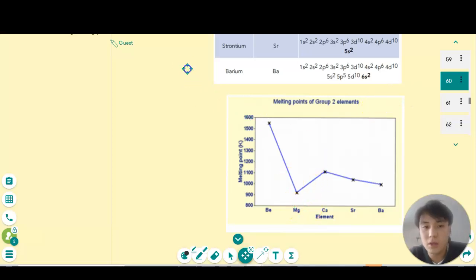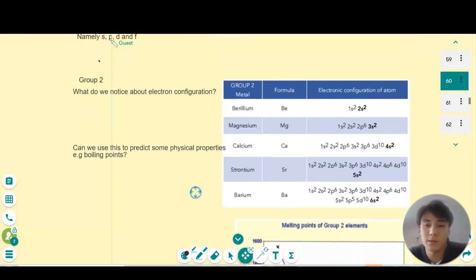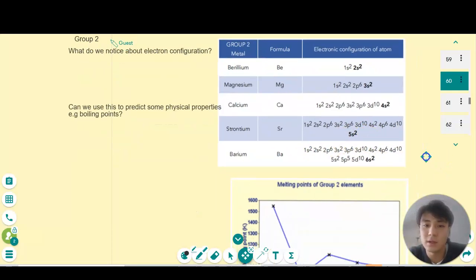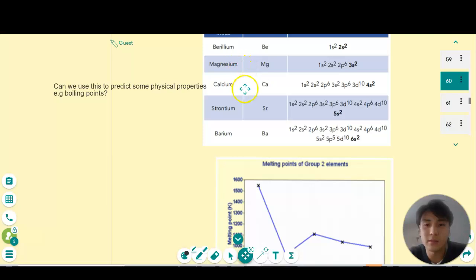Well, that can be attributed, if we go back up, to the presence of the d orbital. So as we go from magnesium to calcium, the biggest difference between these two is we have this 3d10 orbital now appearing.